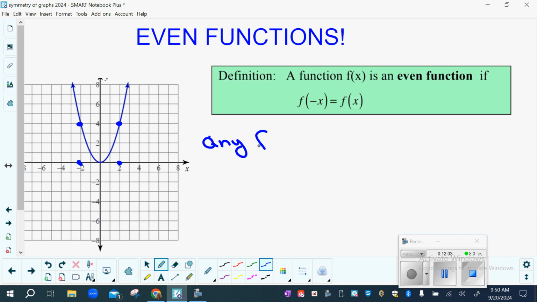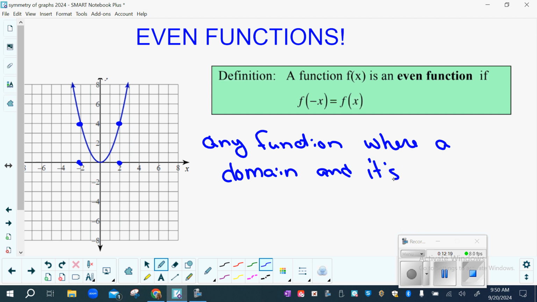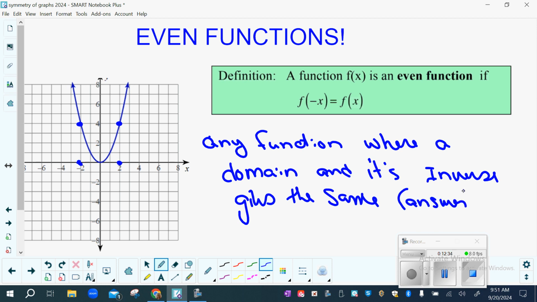Any function... Okay, this looks scary. Any function where a domain value and its opposite give the same answer, or range.